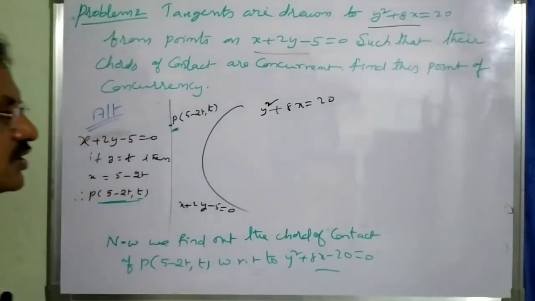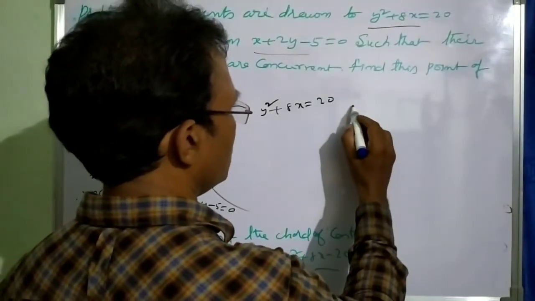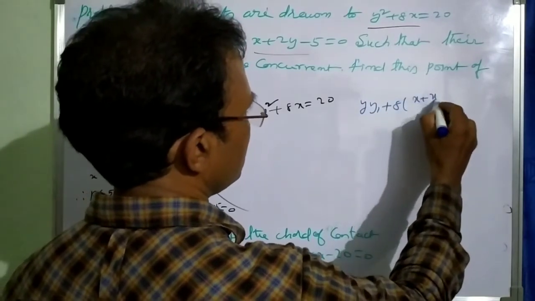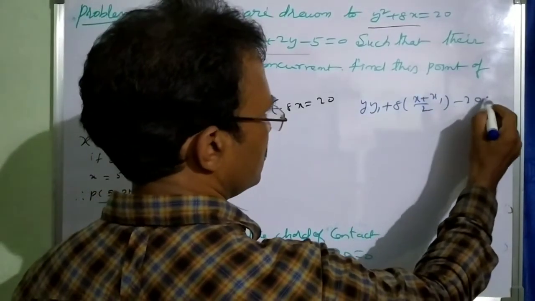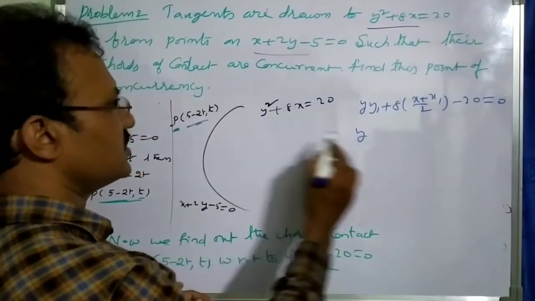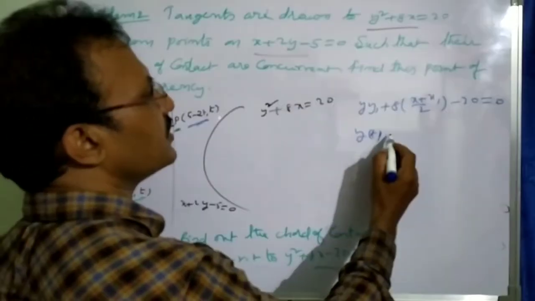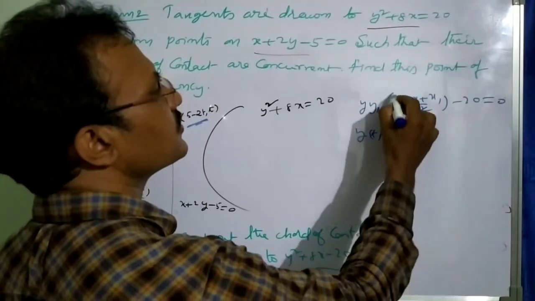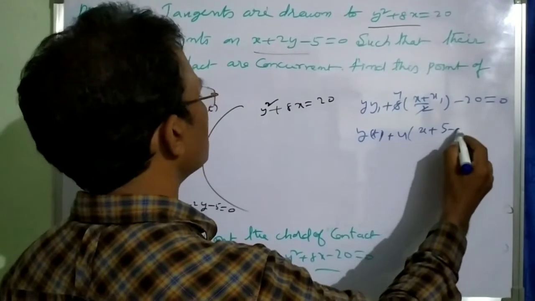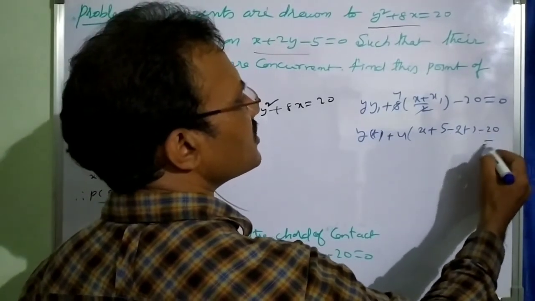So what is the chord of contact? y y1 plus 8 into (x plus x1) by 2 minus 20 is equal to 0. That means y into t plus 4 into (x plus 5 minus 2t) minus 20 is equal to 0.